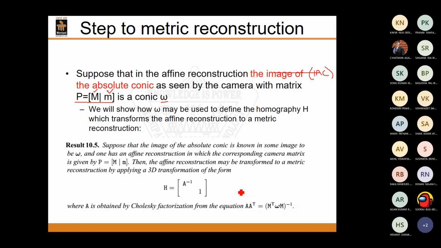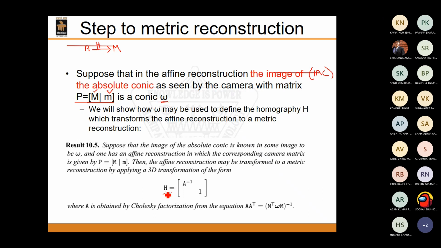So here what you need to remember is the transformation matrix that I'm looking for. What I'm trying to do is convert from the affine space to the metric space, or the Euclidean space. And for that, I need a transformation H, right? This transformation H can be obtained only if I know omega.